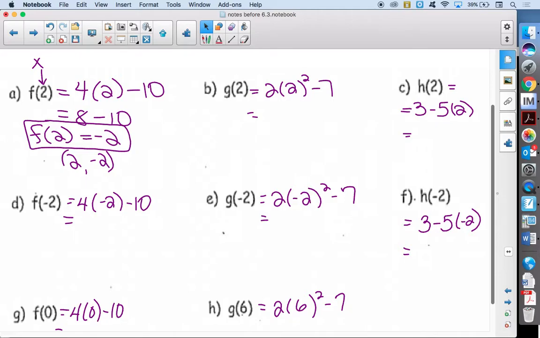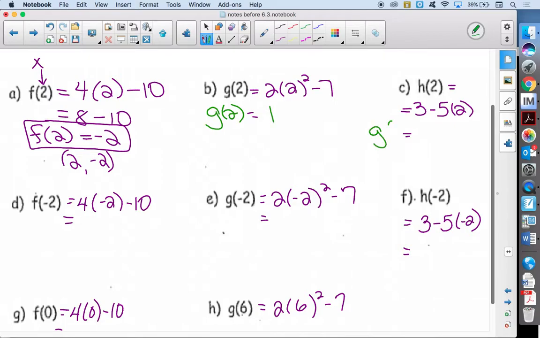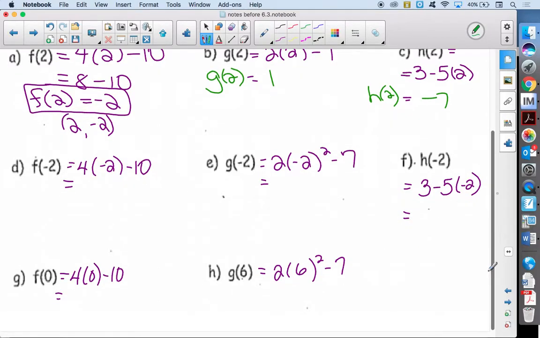So Kate, for B, you got? I got 1. And what'd you get for C, Kate? Negative 53. Wait, I think I read it wrong. Yeah, I did. Sorry. Hold on. Negative 7. Yeah, -7. All right, the next row.